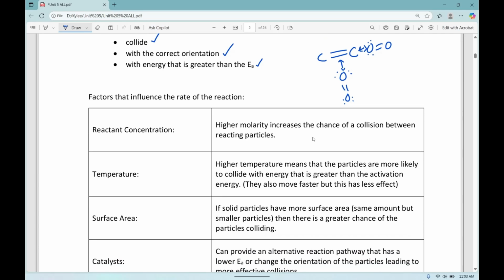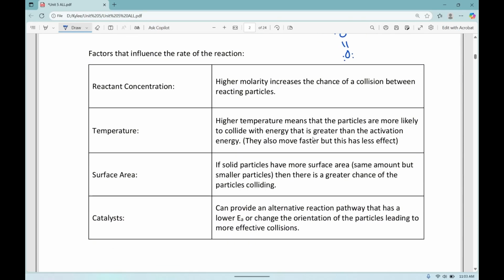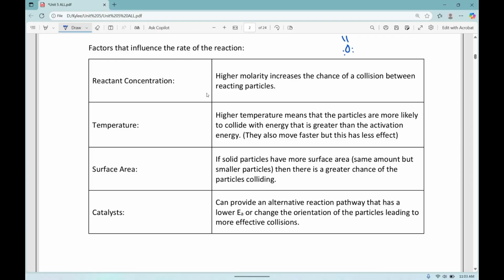So here are some factors that affect the rate of the reaction. So we can actually make reactions go faster or slower by controlling these things. And if you learned anything or focused on anything in, say, a first-year chem course, I know I cover these in my first-year chem course, so this might sound somewhat familiar to you. So reactant concentration. If I increase the molarity, I'm increasing the chance of collisions that will be effective, and so that can make a reaction go faster. The opposite would be lowering the molarity, and the reaction goes slower.